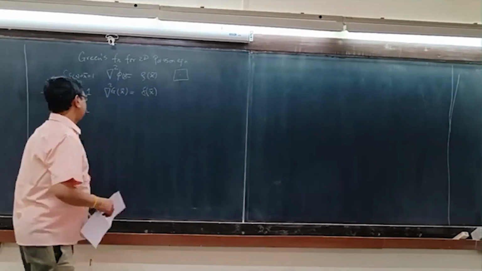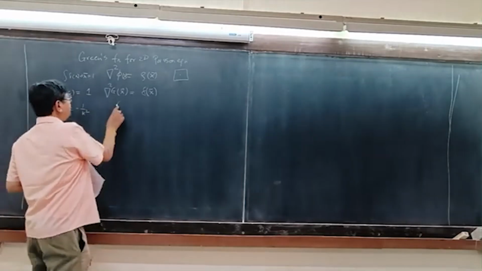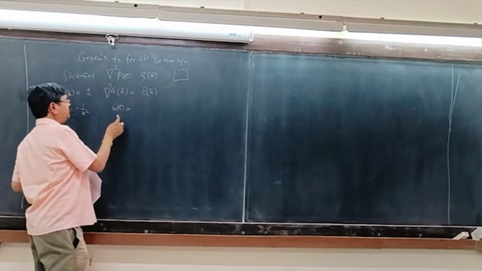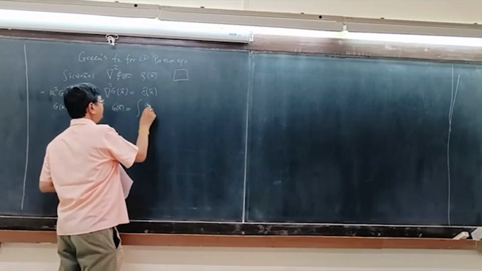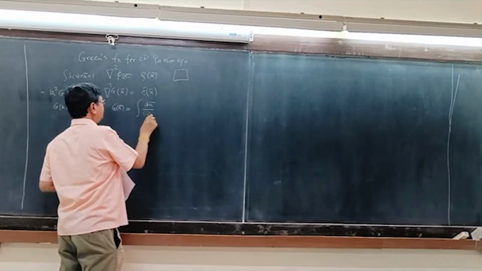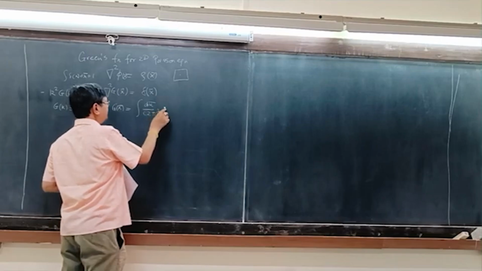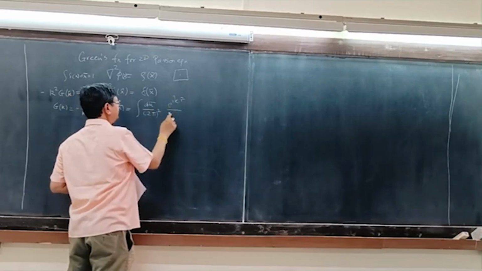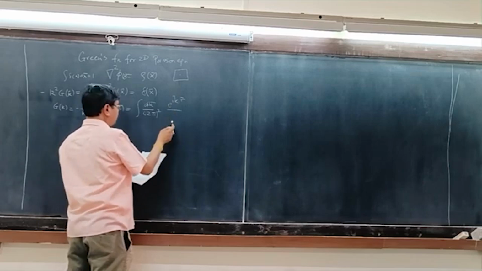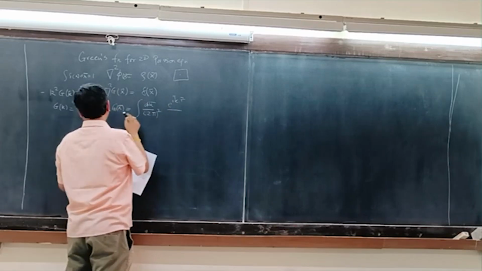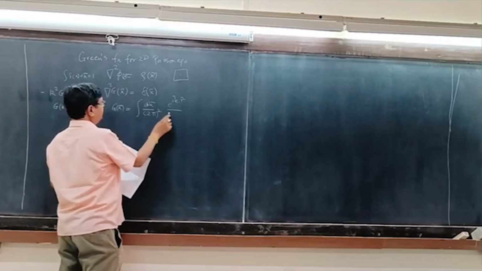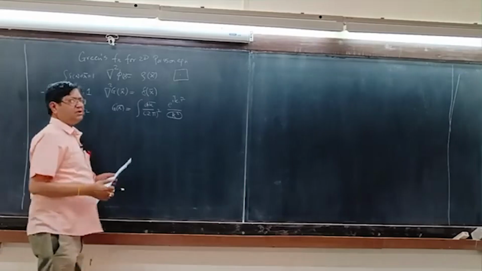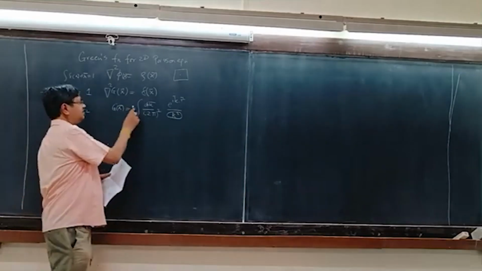Now I want to get g of x by Fourier transform: the integral of d^2k over (2 pi) squared, e to the power i k dot r, divided by k squared, with the minus sign.